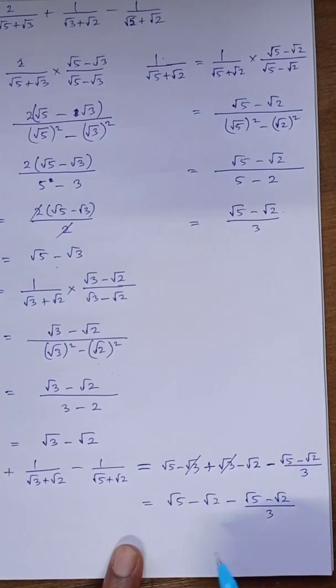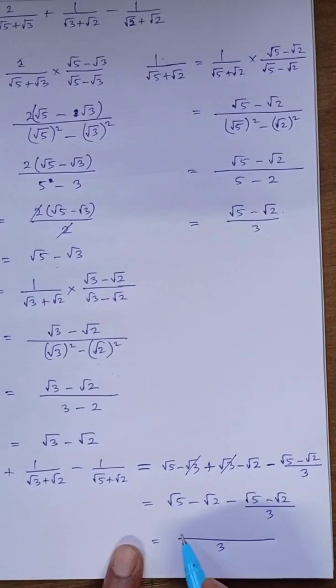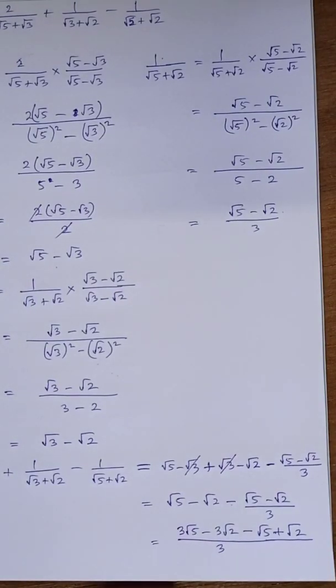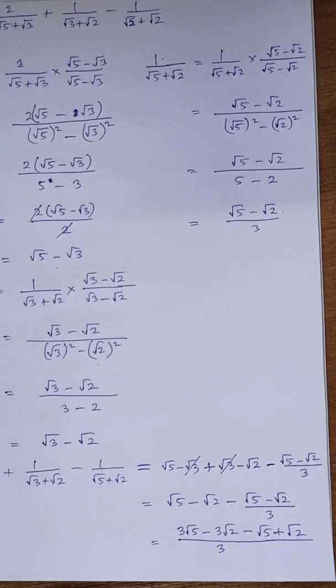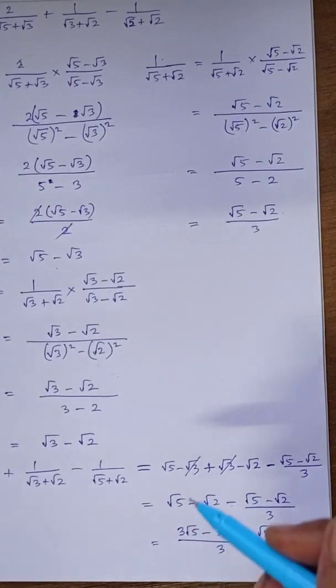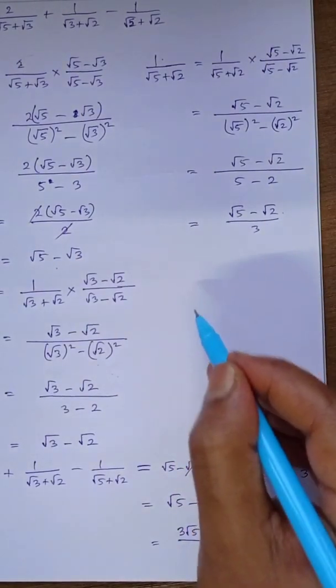Now this cannot be cancelled unless we take the LCM, so the LCM will be 3. Here I'll have 3 root 5 minus 3 root 2 minus root 5 minus into minus would be plus root 2. Then we are ready to have the answer now. Problem with the space, I'll just continue it here.